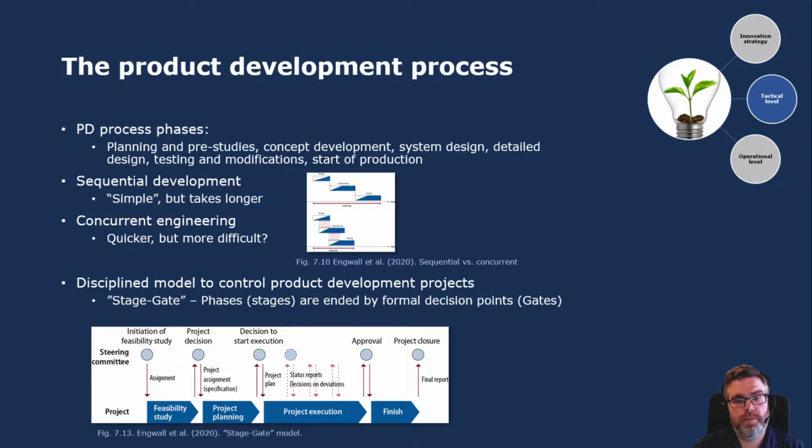So then if that's a yes, then product assignment is started and the product planning starts and so on. So you have the stages and you have the gates here. And this is a common way of running product development projects to control them and to know at which stage these development projects currently are.